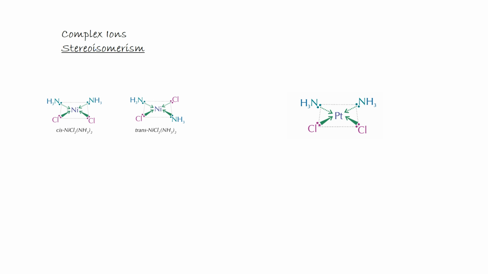The final thing we're going to look at in this video is the stereoisomerism that we observe in complex ions. The first example we're going to look at is with square planar complexes, where we've got 2 of one type of ligand and 2 of another, and we can see that we have 2 ways of arranging those ligands.